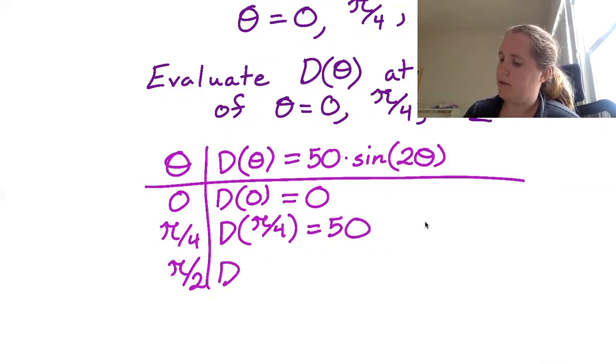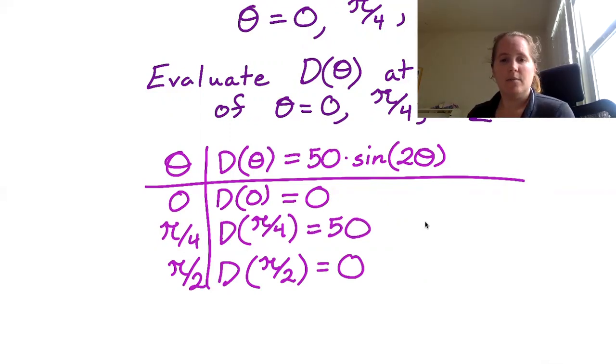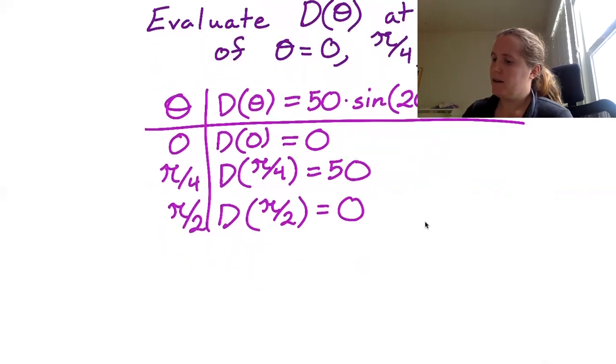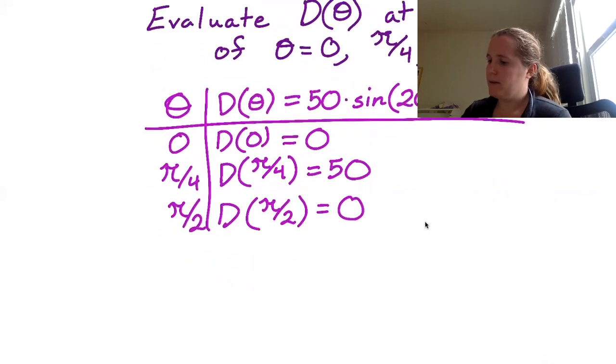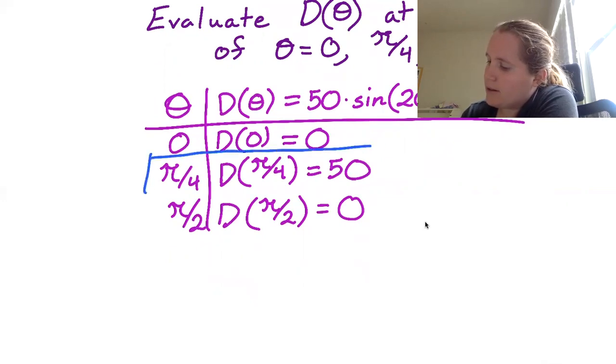And then if we evaluate at pi over 2, once again, we get 0. Now, in reality, you can kick a ball so it rolls along the ground, but we're ignoring that particular situation, so it's going up in the air. So what we wind up getting then is our maximum, our optimal situation is at this pi over 4.